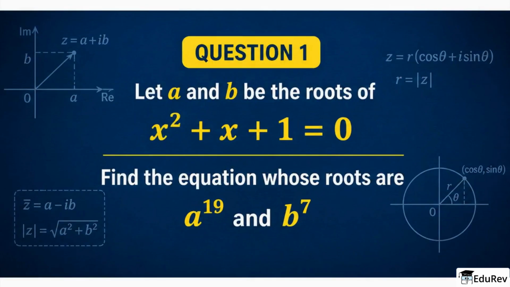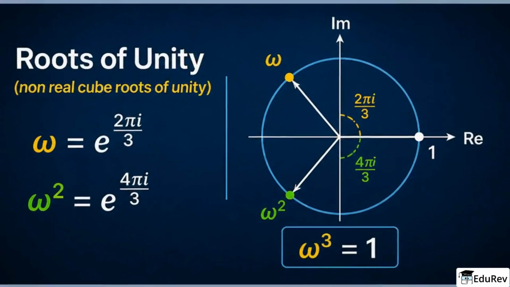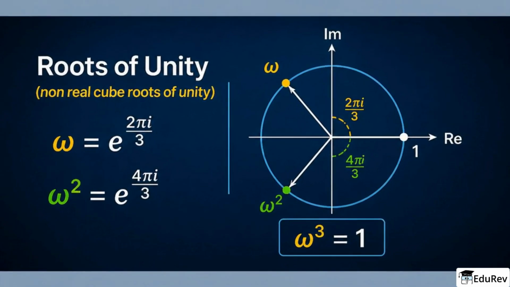Question number 1 asks, let a and b be roots of x squared plus x plus 1 equals 0. Find the equation whose roots are a to the power 19 and b to the power 7. The original roots are the non-real cube roots of unity. Call them omega and omega squared, and omega cubed equals 1.